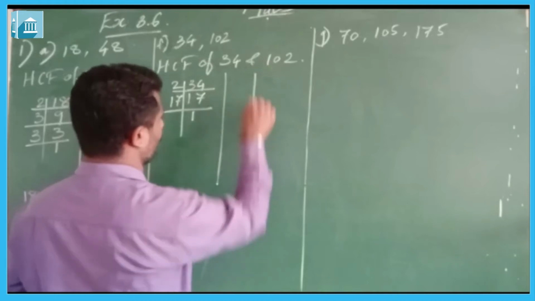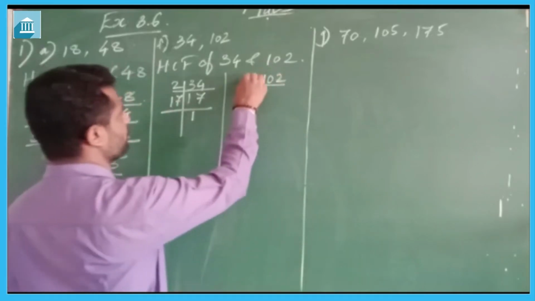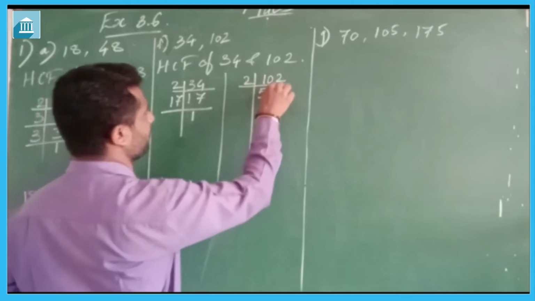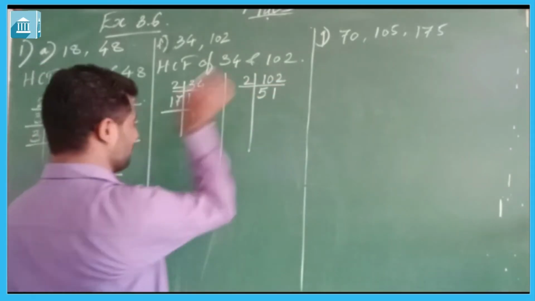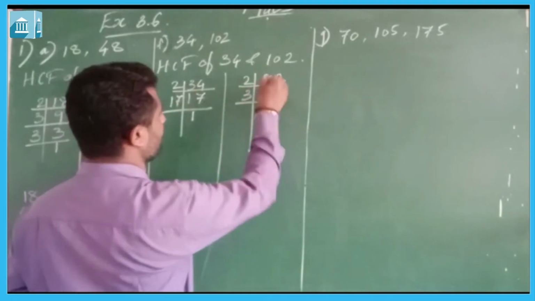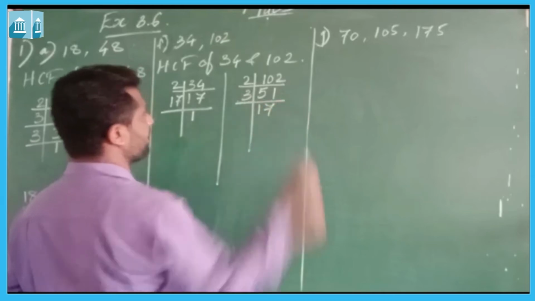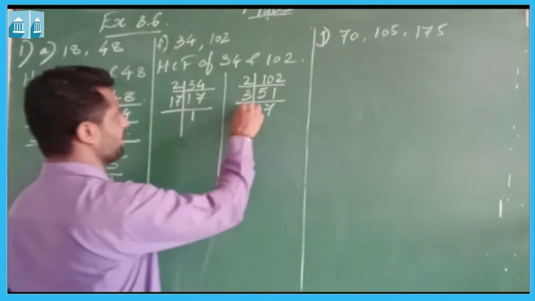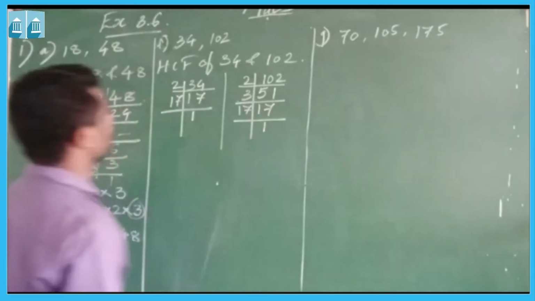Next we have to do it for 102. 102 is divisible by 2. It will be 51. Again 51 is not divisible by 2 but it is divisible by 3. So it will be 17 into 3 is 51. 17 is again a prime number. 17 into 1, 17.